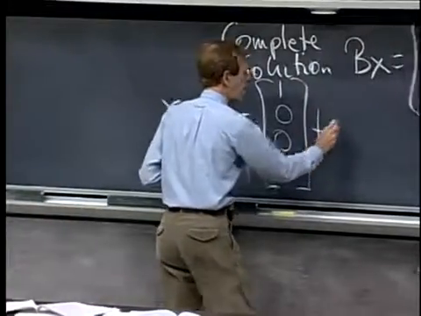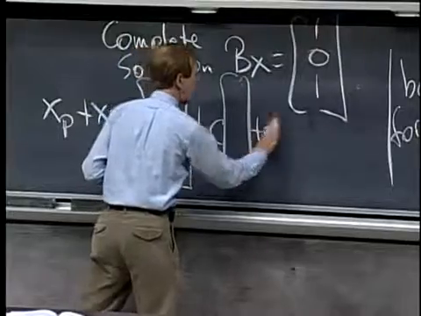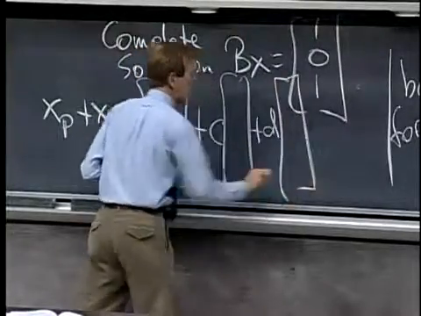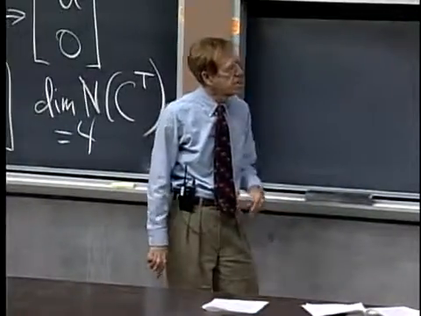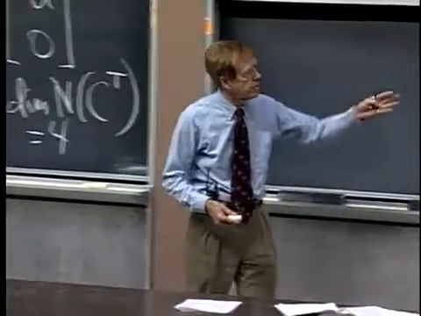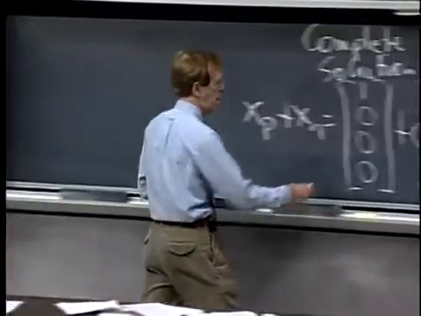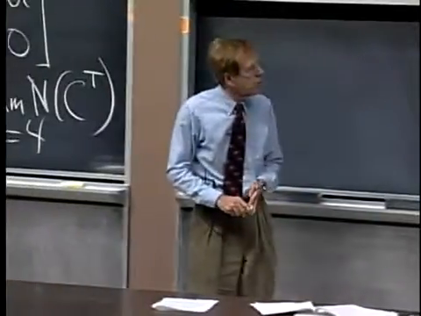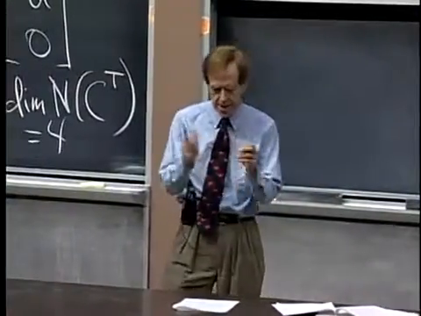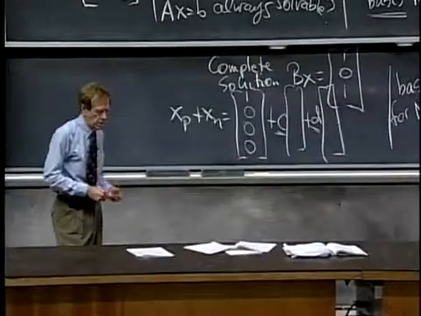And then I have C times that first null space vector and D times the other null space vector. The null space part of the solution, as always, has the arbitrary constants. The particular solution doesn't have any arbitrary constants. It's one particular solution, and in this case, that one would do it.